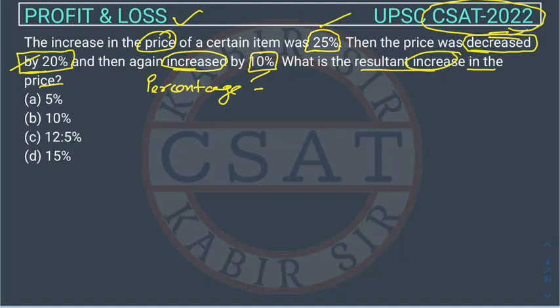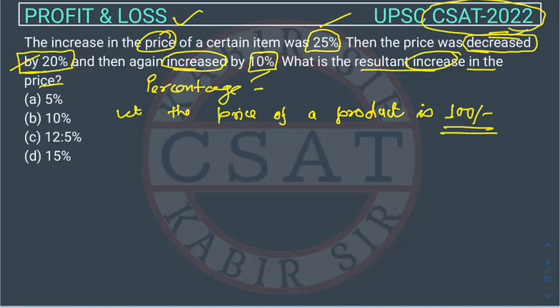So in percentage, if you remember, in most of the questions we assume, let the price of the product be 100, right? Why do we normally consider 100? Why not something else? You have to write the answer in the comment, right?